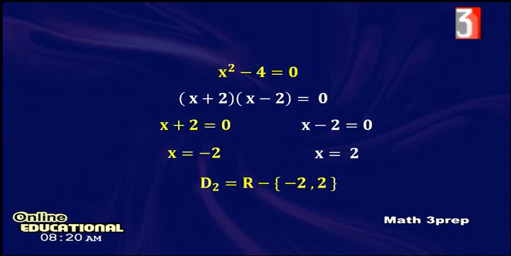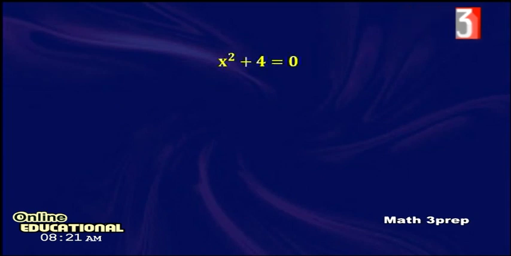Then what about N3? Yes, try to find D3. You are going to take its domain. Its denominator is x to the power of 2 plus 4. Equalize it by 0. So x squared plus 4 equals 0. Then x squared equals negative 4. Try to find the square root for both sides.